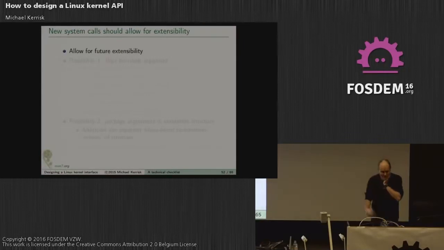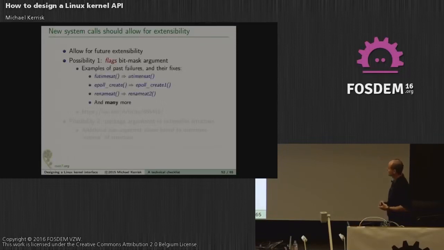There are a few technical best practices, though, that have become established. One is that system calls should allow for extensibility. This usually means having a flags bit mask argument where you can set bits in the future to say, hey, now the system call does something new.